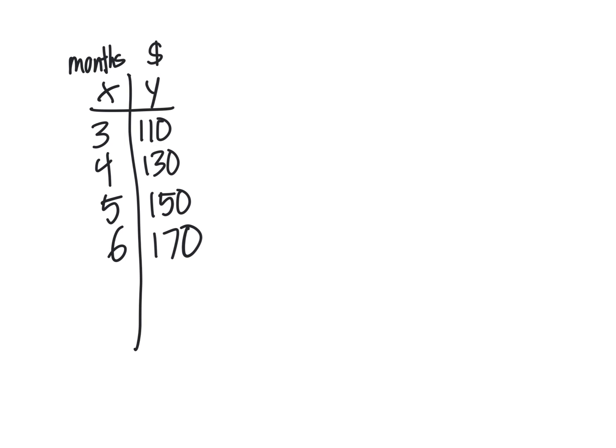So I'm going to start by finding the slope. It just makes sense. So I can pick whatever 2 points on here I want. So I'm just going to pick the first two. So I'm going to make this x1, y1, x2, y2. And I've got my formula y2 minus y1 over x2 minus x1 equals m.